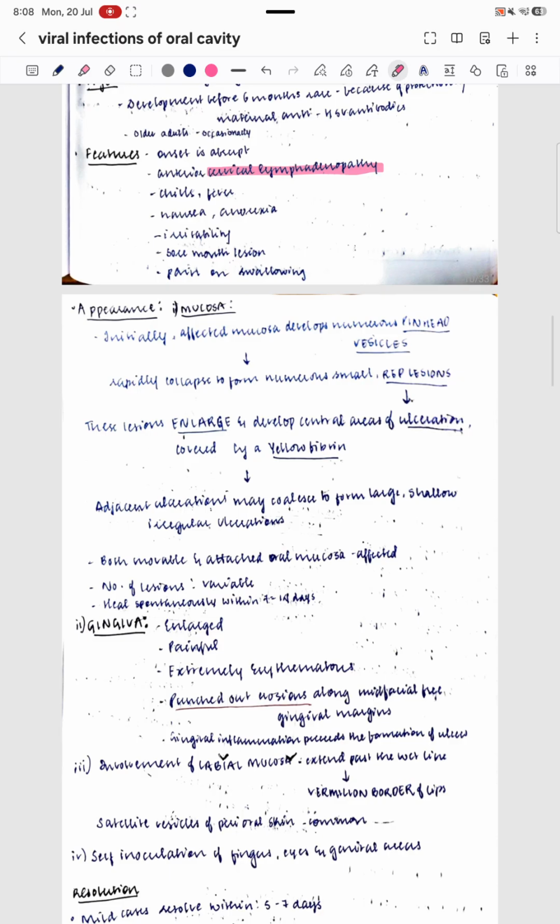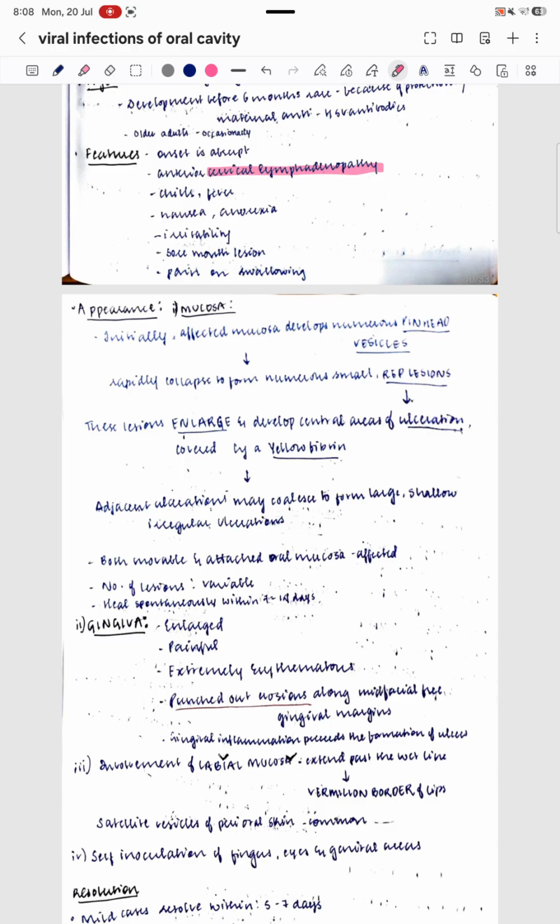Then coming to the appearance, the mucosa is mainly affected. How it appears is, it appears like a pinhead vesicle. These pinhead vesicles together coalesce and form red lesions.